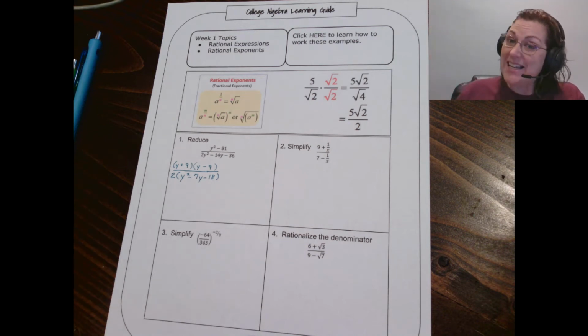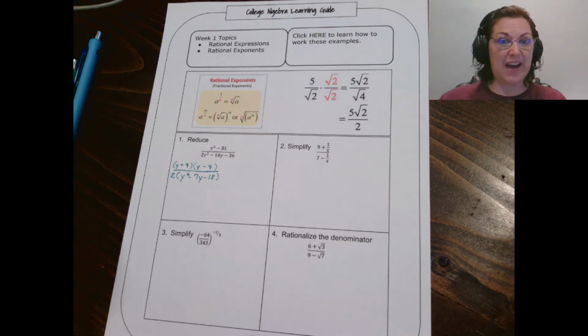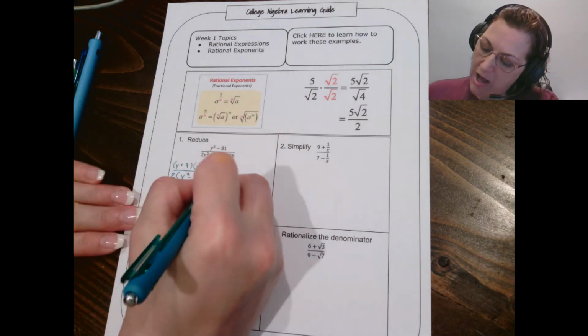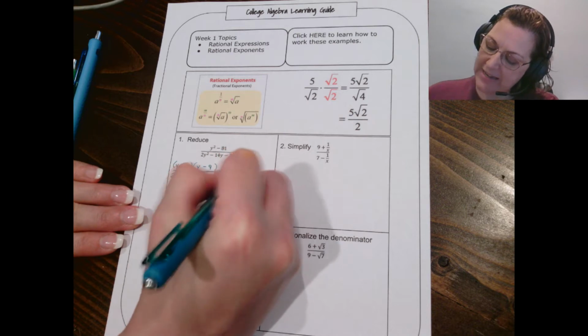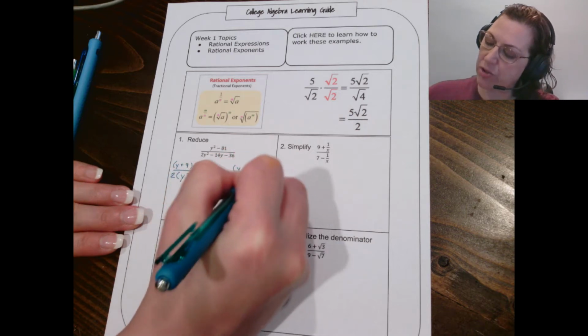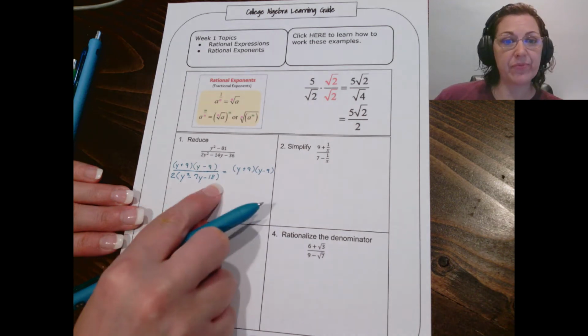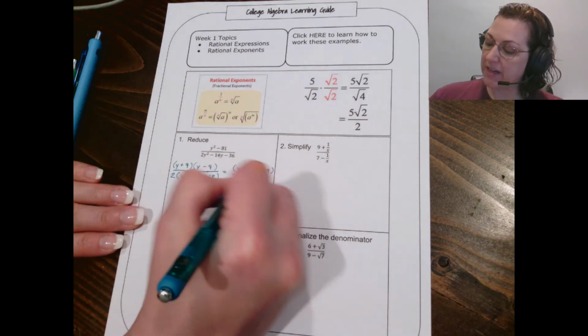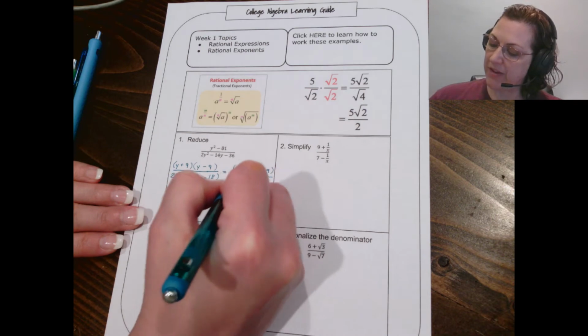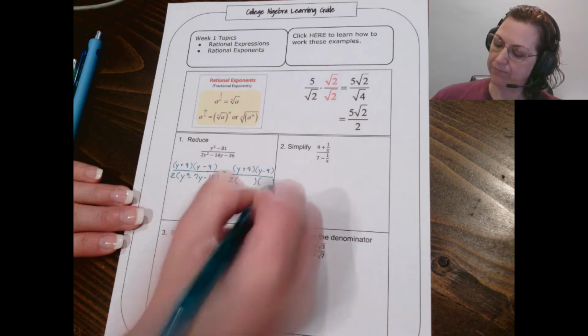I don't see any yet, so I need to keep factoring. In the denominator, I see what we call a trinomial, and that is 3 terms. Do you see them? Good, because we're going to factor a trinomial into 2 parentheses.